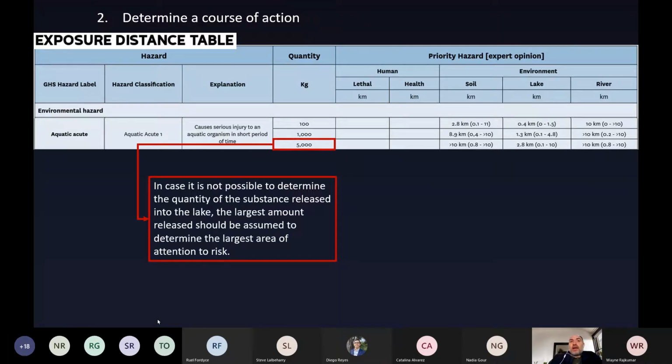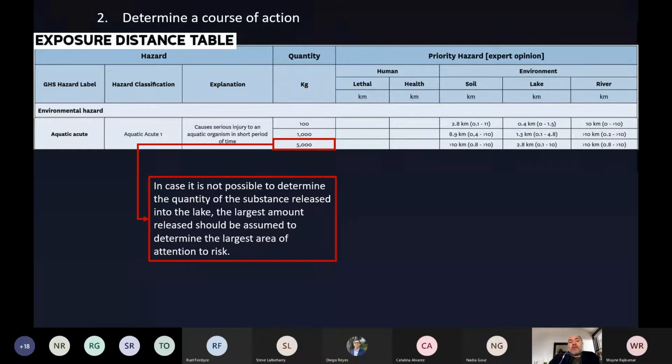I should go for the highest amount of carbamate that has been drained into the lake. This makes me a bit cautious. This can be a really conservative measure, but in cases of uncertainty, I should address the first or the highest quantity.